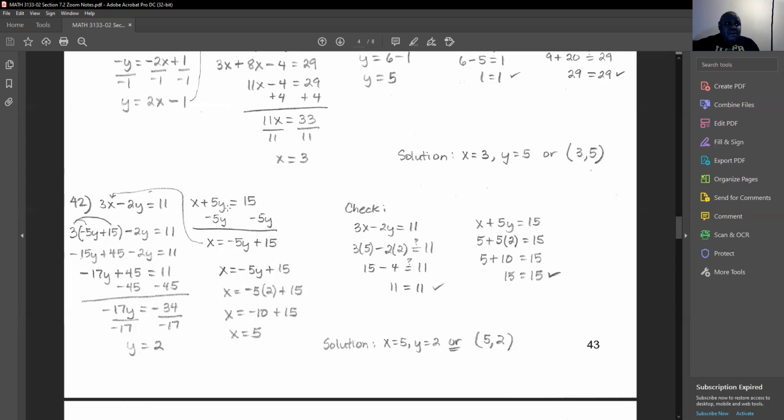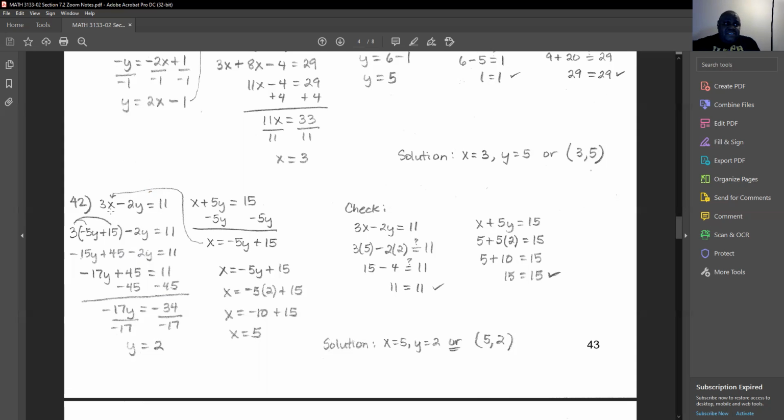I'm going to start with x plus 5y is equal to 15, because the x has an understood coefficient of 1. I can easily get x by itself by subtracting 5y on both sides. So that would give me x is equal to negative 5y plus 15.